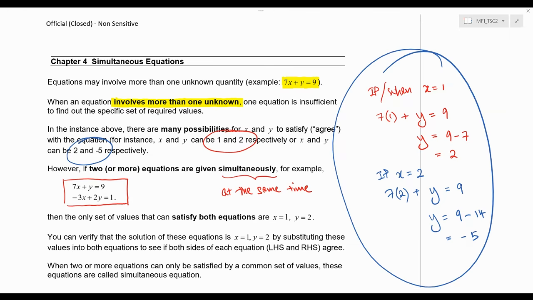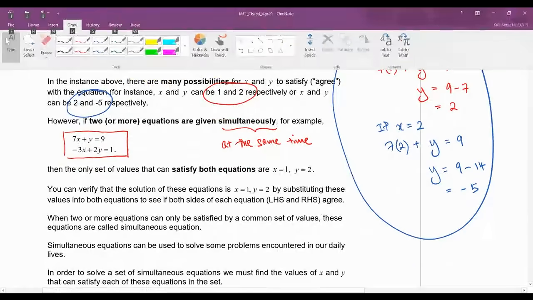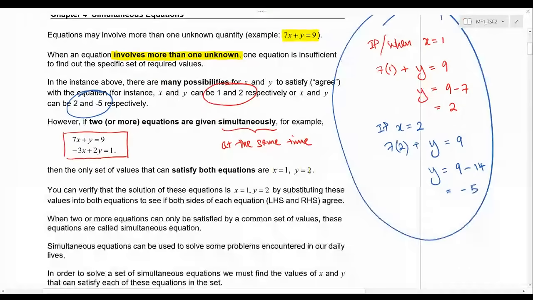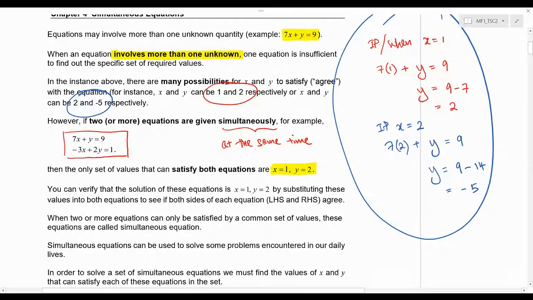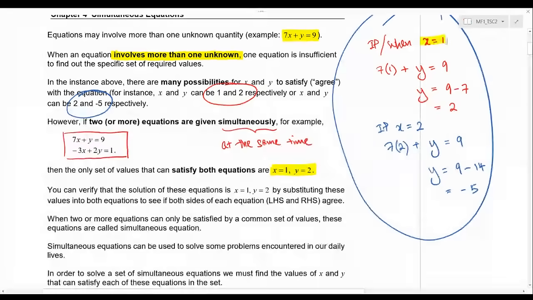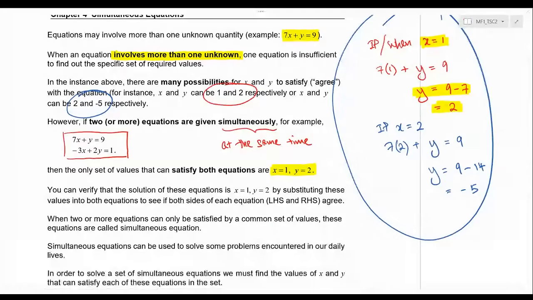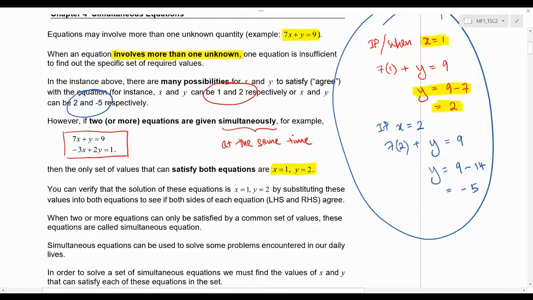So for this case, with the two equations provided, you can see that there is only one set of solutions that satisfies both of them. When x is equal to 1, y is equal to 2. Just now we have already proven in the earlier working here that x is equal to 1 and y equals 2. This is one set of solutions.